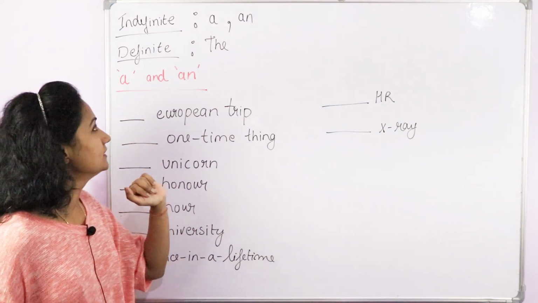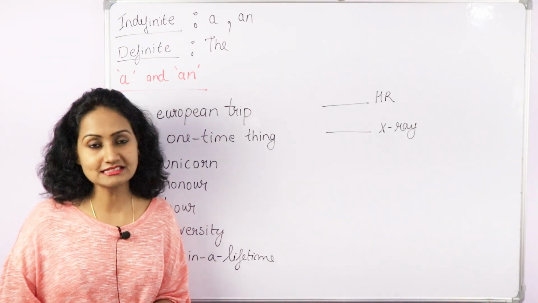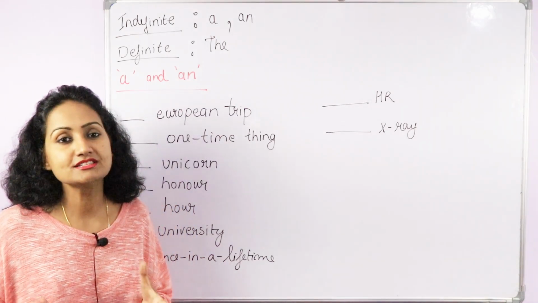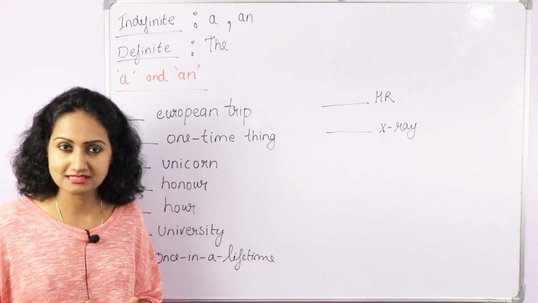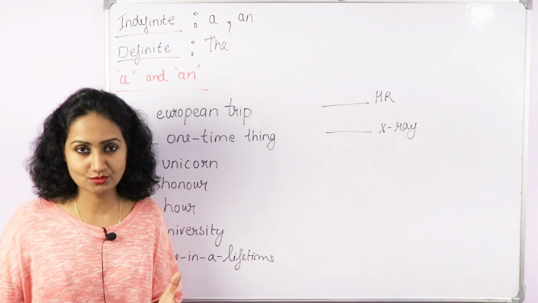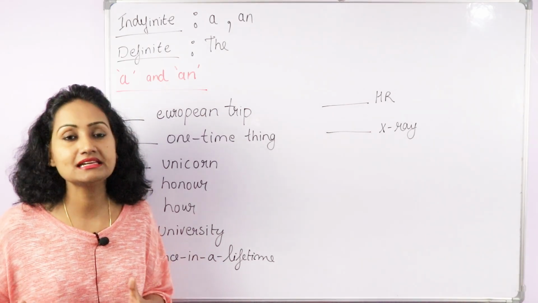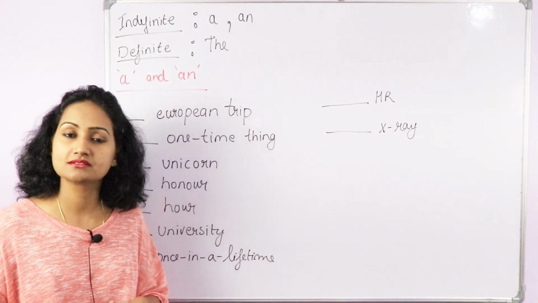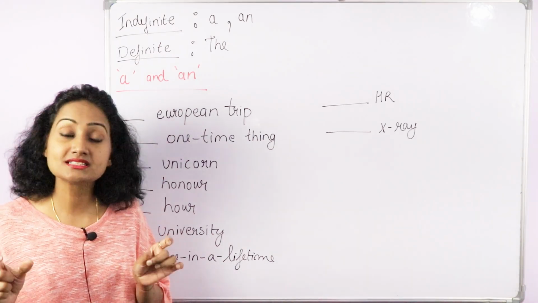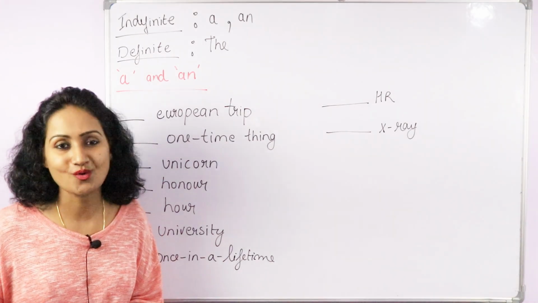Now let's start with indefinite articles, a and an. So we know that a is used with a consonant sound and an is used with a vowel sound. Vowels are A, E, I, O, U and other letters are consonants. Now let me tell you the sounds of these 5 vowels.